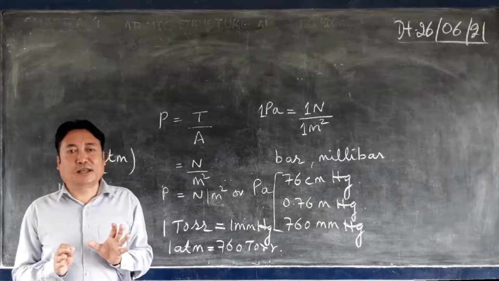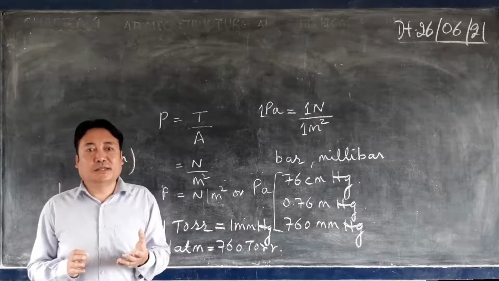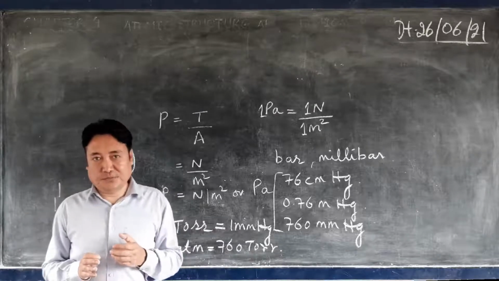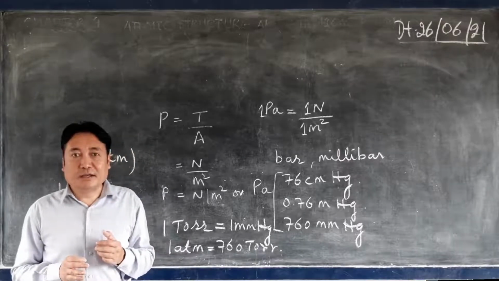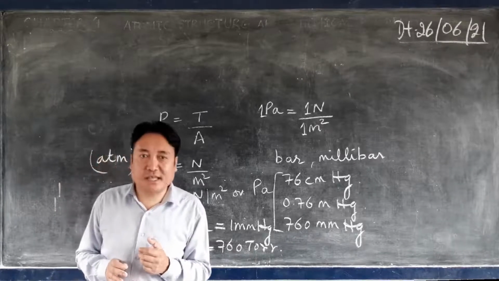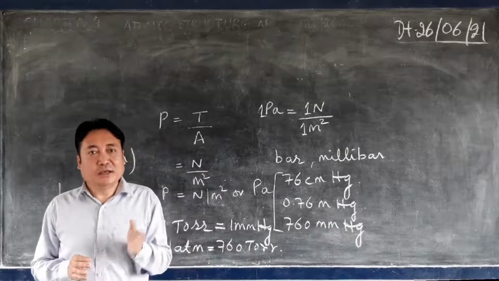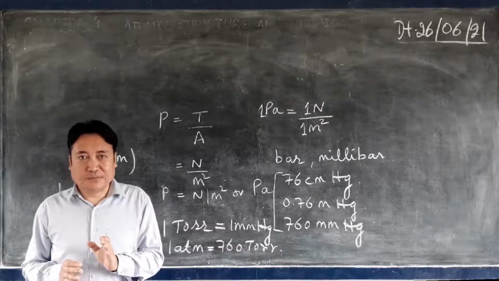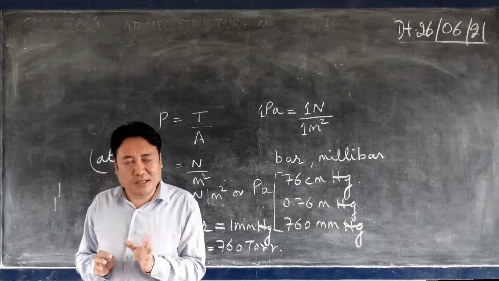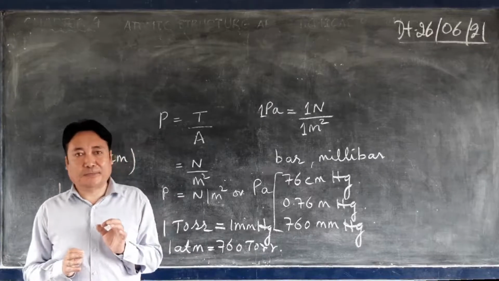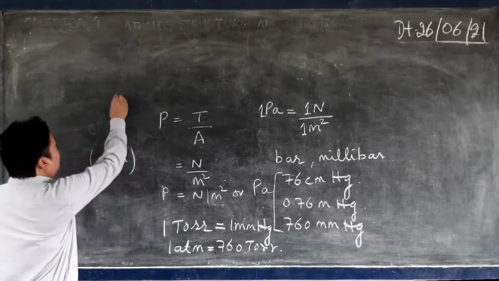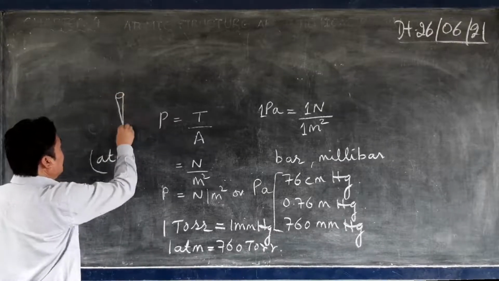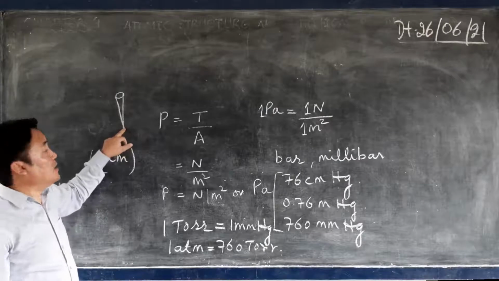Now let us come to the next point, the ways in which the pressure can be increased. You can increase the pressure by reducing the surface area of a body. Let us consider a nail. One end of the nail is pointed. Why is the nail pointed?